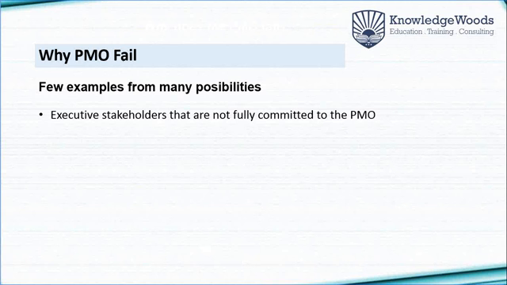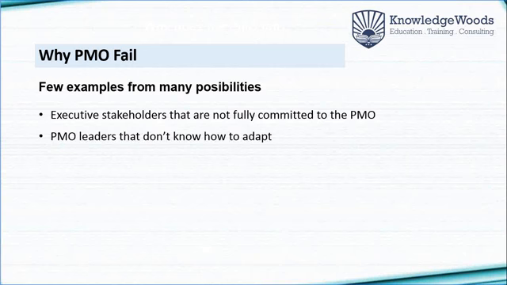These junior resources generally do not have decision-making power. So what ultimately happens? Projects are still failing, still not getting delivered on time, and ultimately the management decides to disband the PMO. So always ensure that there is involvement of senior stakeholders, senior leadership.